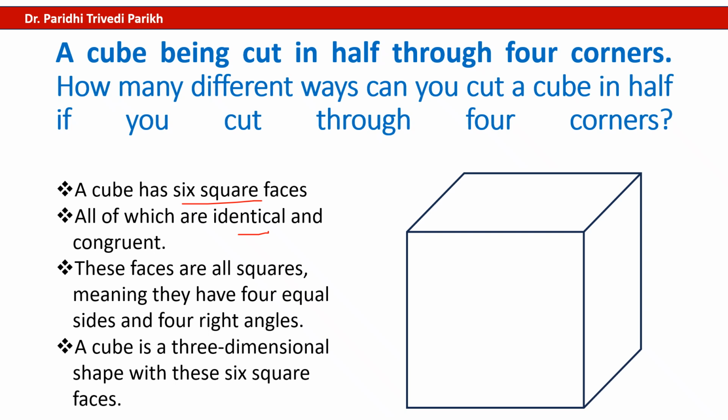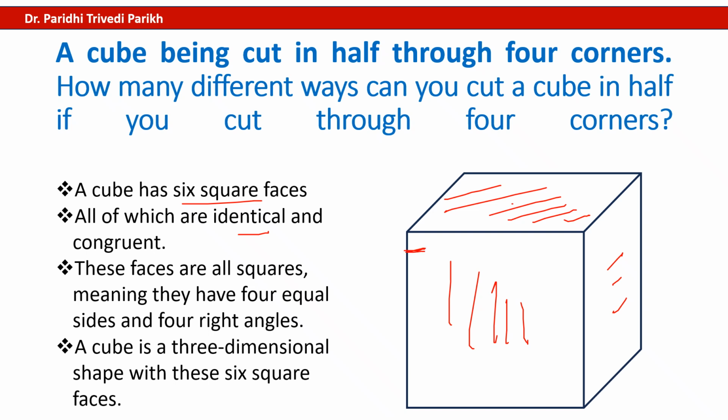These faces are squares, meaning they have four equal sides and four right angles. This is one face, this is another face, this is a third face. One face at the bottom, another at the left and one at the back. So they have 6 faces.